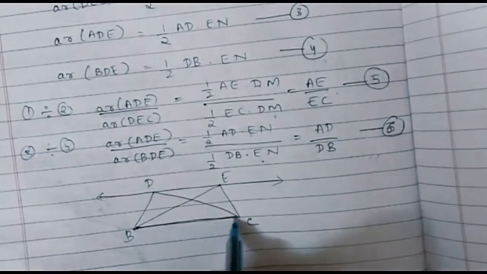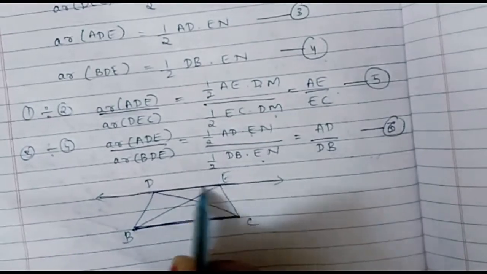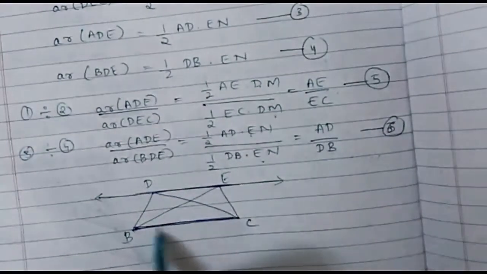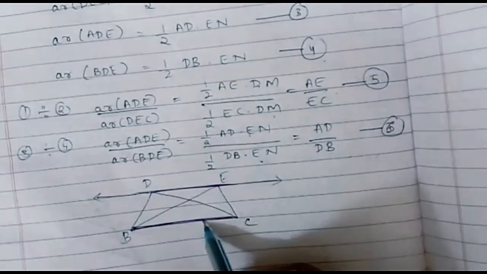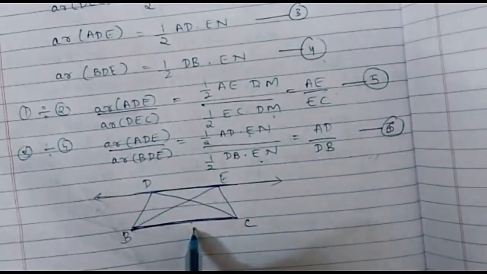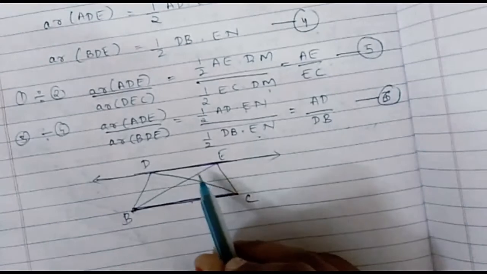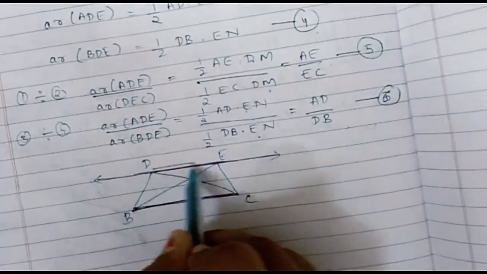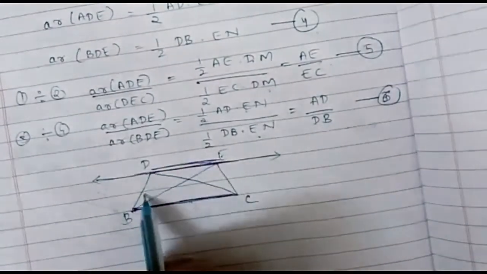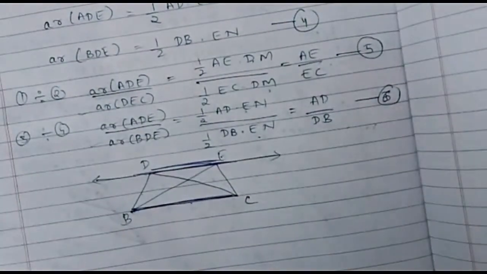So can I say in the data we have taken that this line L, that means line DE, is parallel to BC, and that is why these are the two triangles lying between same parallel line. And as we have studied, whenever two triangles are between same parallel line with a common base DE, so their area will be same. So can I say the denominators also will be equal?